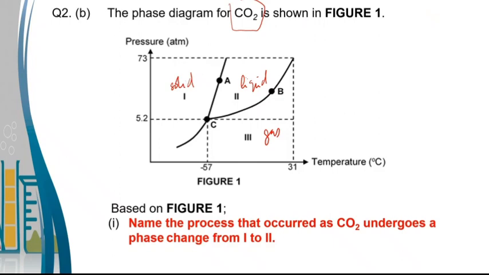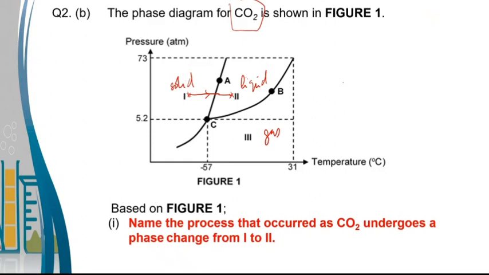The question is like this. Name the process that occurs as carbon dioxide undergoes a phase change from Roman 1 to Roman 2. Roman 1, Roman 2, this is the point, this is the point. So at constant pressure, when we increase the temperature, what will happen is we can see that the solid will change to liquid.